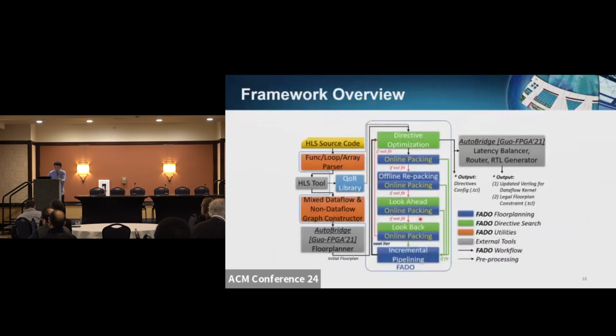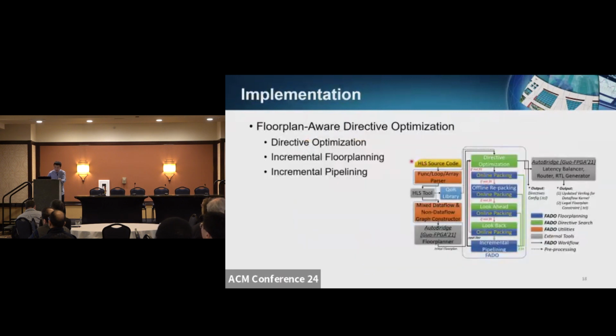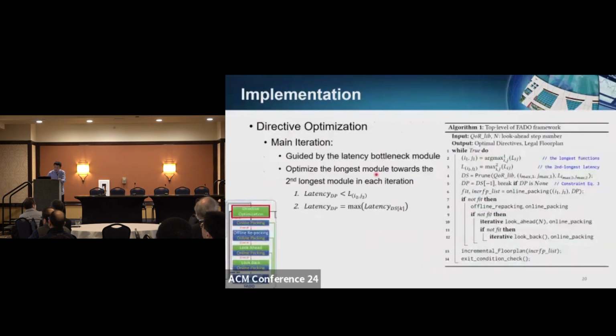Based on it, we develop a very efficient iterative solution. Here I introduce the three main parts in this flow: directive optimization, incremental floor planning, and the pipelining. Well, the top level algorithm is described here. In every iteration, we identify the function with the longest and the second longest latency among the whole HLS design, the bottleneck.